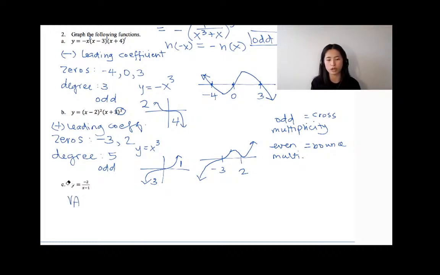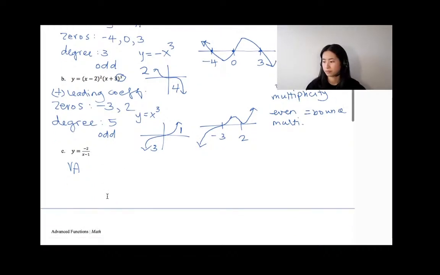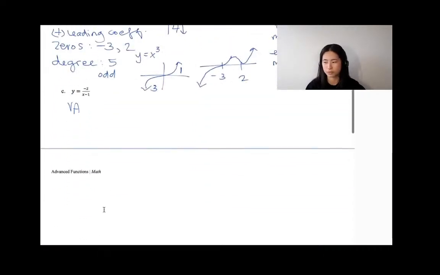The whole point of a vertical asymptote is your function does not exist there because you have a break there. So at x minus 1, which is x is equal to 1, that's your vertical asymptote. Okay, we do have more space at the bottom. So vertical asymptote is x is equal to 1.